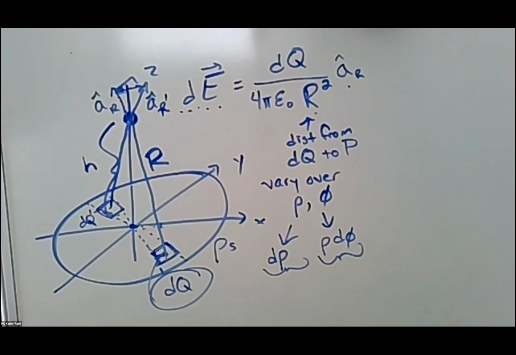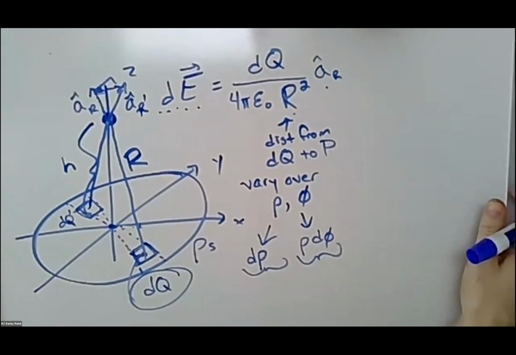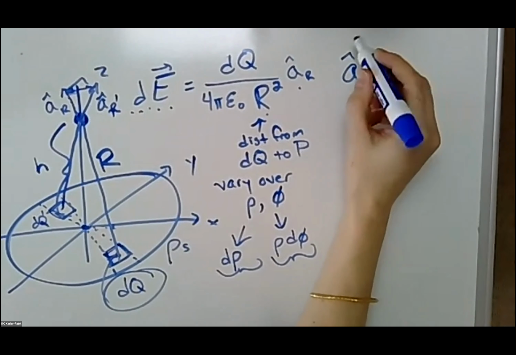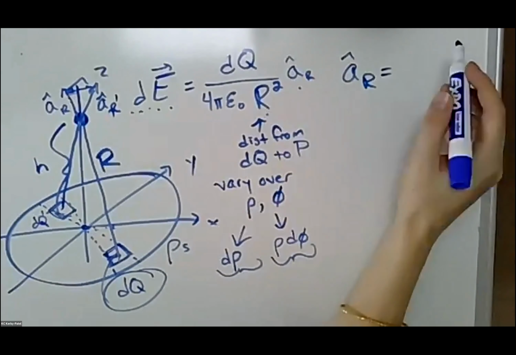So what I'm saying here is that we only need to care about the z component of that unit vector. What is the z component of that unit vector? Let's do some triangles. A hat r is going to be similar to, in fact, I'm not even going to write down an equation.